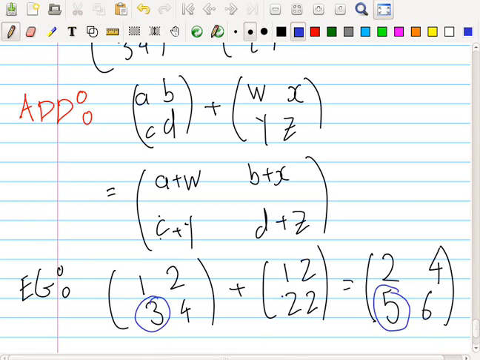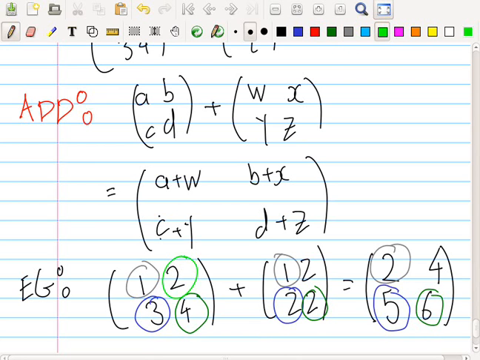Well, that's 3 plus 2. And how did I get this 6? For example, that's 4 plus 2. And then this 2 here is this one and this one. And then 2 plus 2 gives me this one. So you just partner them off. So this is how you add.